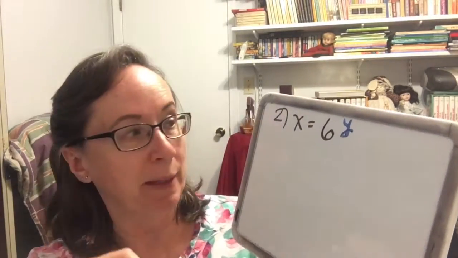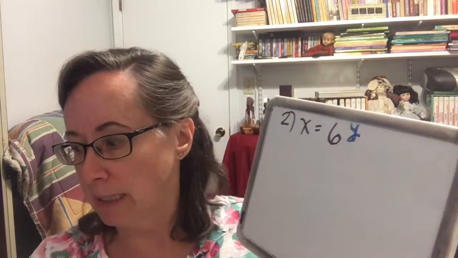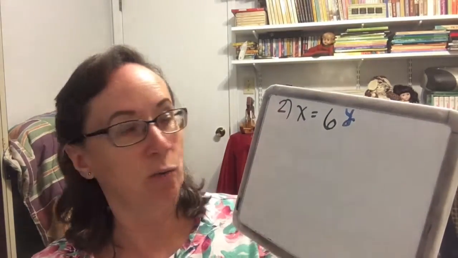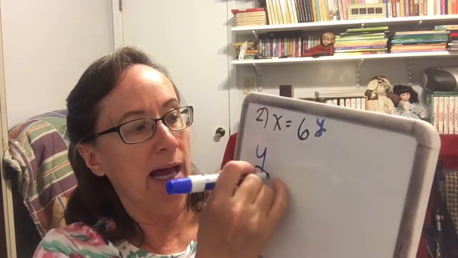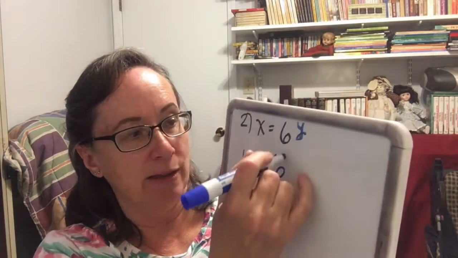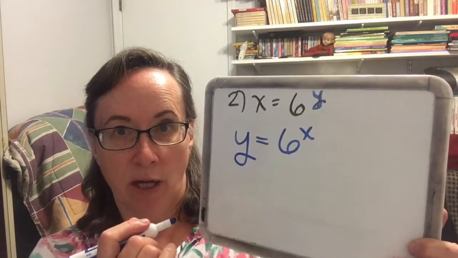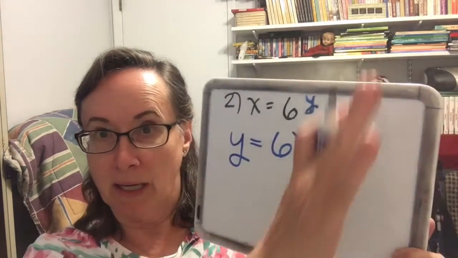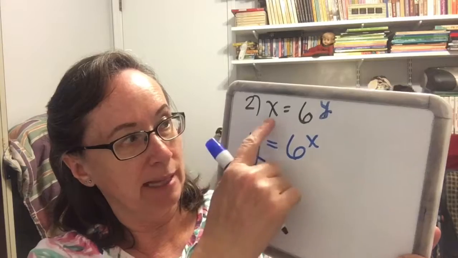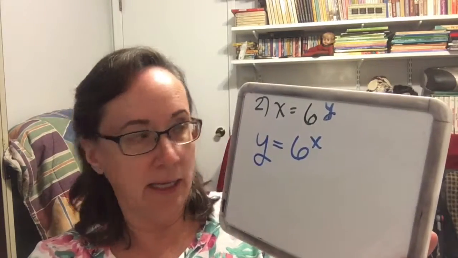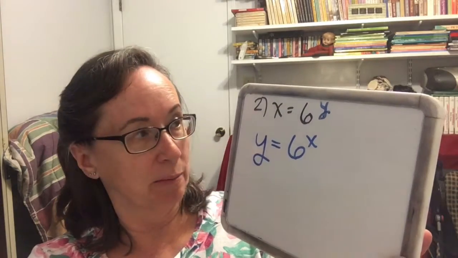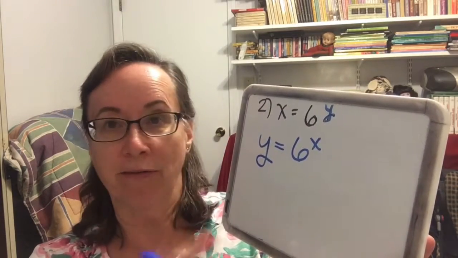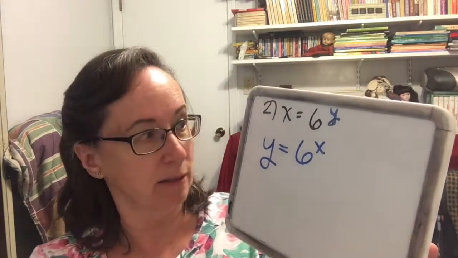Now, this one is going to be switched somewhat because the x and the y are switched. So basically, y is 6 to the x function would be curving up like an exponential. But notice they have switched the x and the y. So this is actually a logarithm function, because remember, to find the inverse, we switch the x and the y.